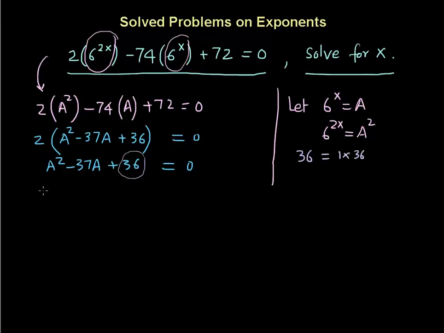So I can rewrite it as simply a square minus 36a minus 1a plus 36, that is equal to 0.